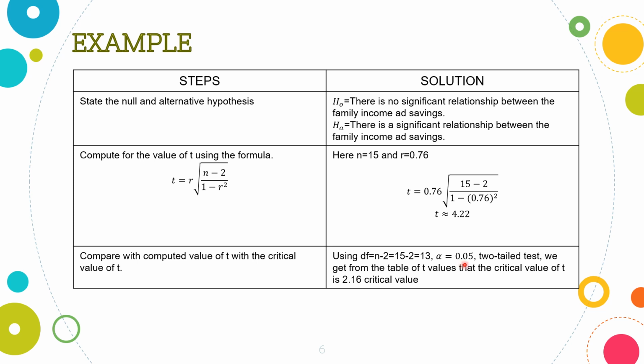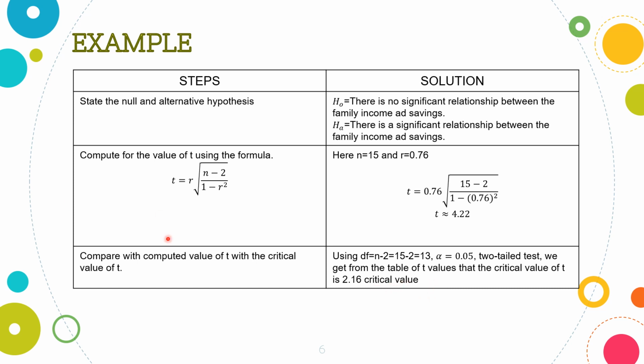So our alpha is 0.05 and our hypothesis is a two-tailed test, since you can see, based on this statement, there's no significant relationship between the family income and there is a significant relationship. It does not indicate a direction. Remember the two-tailed and one-tailed test? Then, we get from the table of t values that the critical value of t is 2.16.